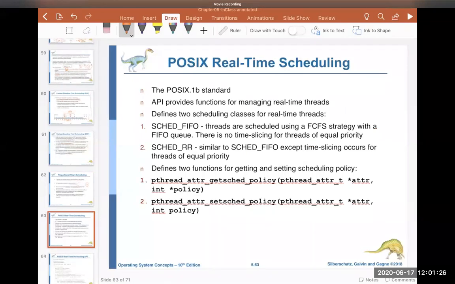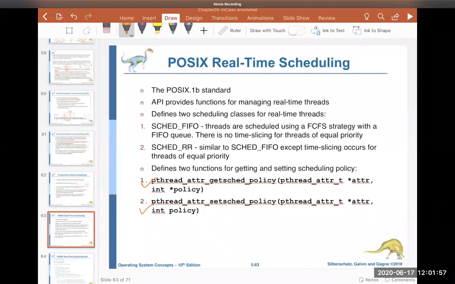Then we have the APIs for scheduling. These APIs state that you can use these functions to set and get the scheduling policy for your thread. Earlier I showed you that there are three different scheduling policies available in Linux.